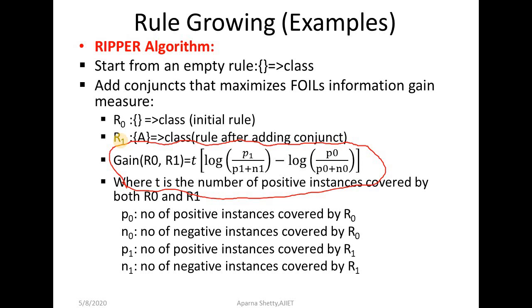A rule that gives you the highest gain, that rule you will consider. So this was about the Ripper algorithm. You start with an empty rule set. Next you will keep adding conjuncts to this empty rule set such that it gives you the maximum information gain, and that gain is computed by using this formula.